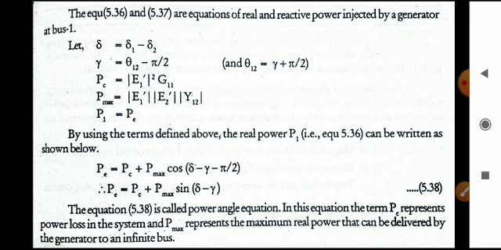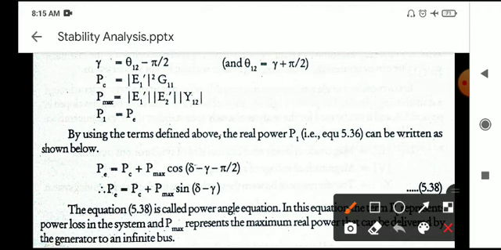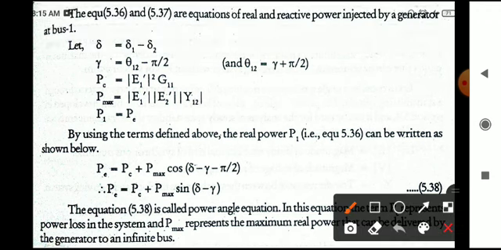Now we are substituting some values here. Instead of delta 1 minus delta 2, we substitute the term delta, and instead of theta 12 minus pi by 2, we substitute the term gamma. Instead of mod E1 dash square into G11 we have Pc, and instead of mod E1 dash into mod E2 dash into Y12 we have P max. Instead of P1, we substitute the term Pe.